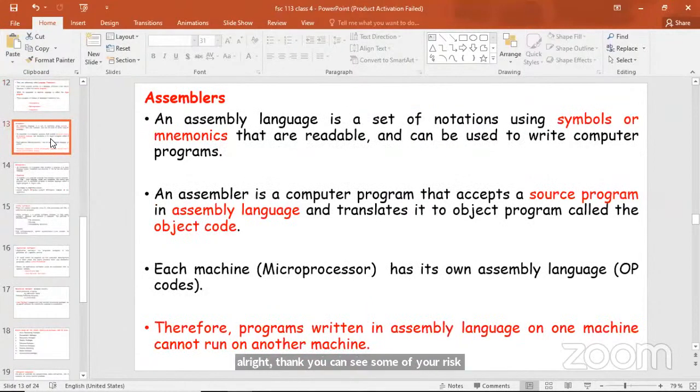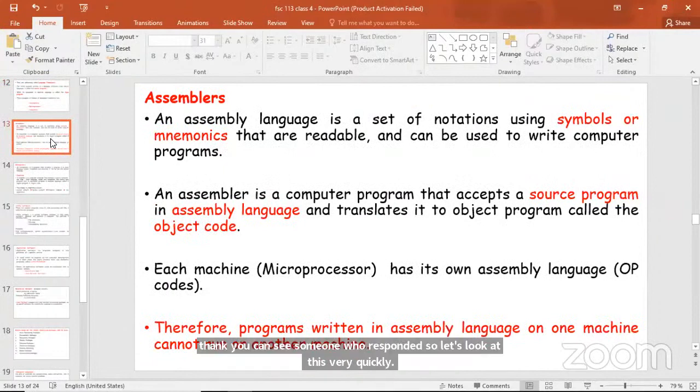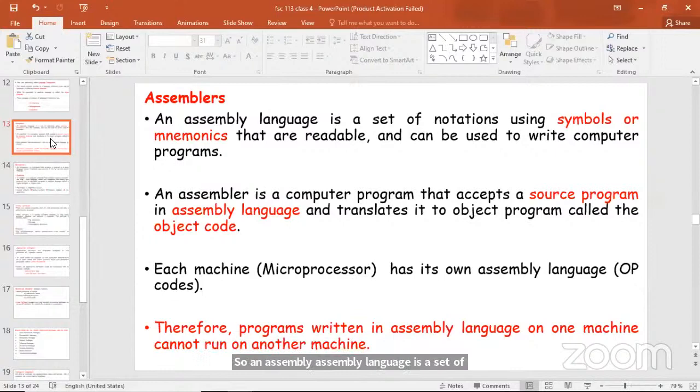So let's look at these three quickly. An assembly language is a set of notation using symbols or mnemonics. When you write a program using symbols or mnemonics, these are just readable short forms, like when you want to write program and you write prog, or when you want to write multiply and you write mul.